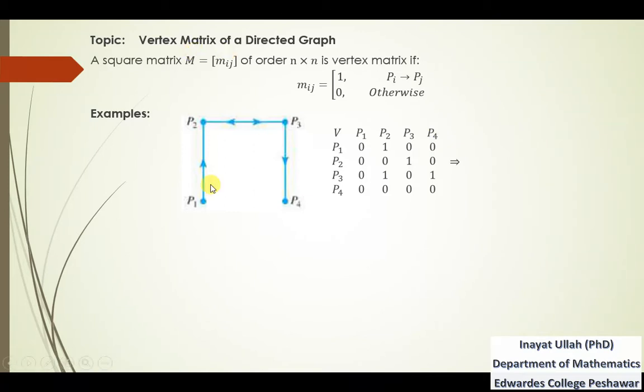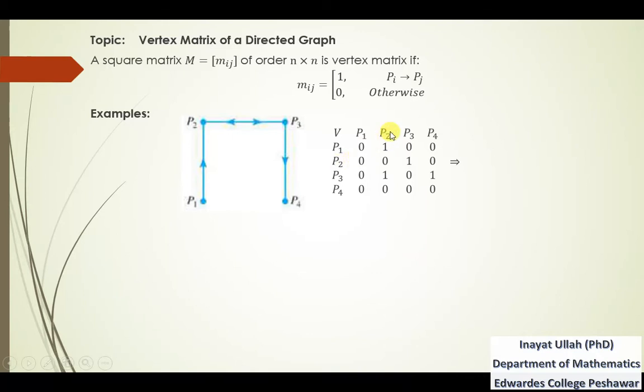And then just look at P2, whether there is a directed edge from P2 to P1. We see here that there is no edge from P2 to P1. This edge is from P1 to P2, and from P2 to P1 there is no edge, so that's why P2 to P1 is 0.